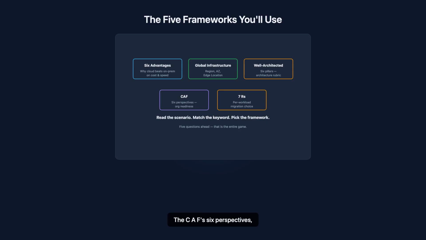The CAF 6 perspectives, plus the 7 Rs for per-workload migration choices. In the next 5 scenarios, you'll see a business problem and learn which framework answers it, the same matching you'll do in job interviews and architecture reviews. The exam uses the same question shape, so drilling this builds both job skill and exam confidence.